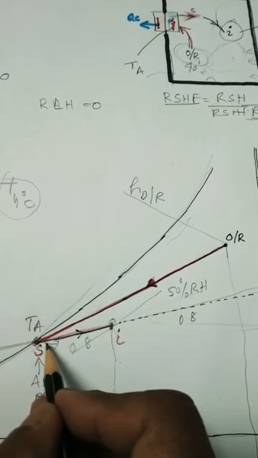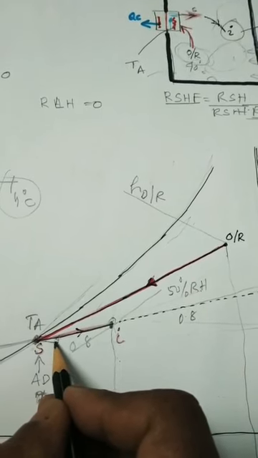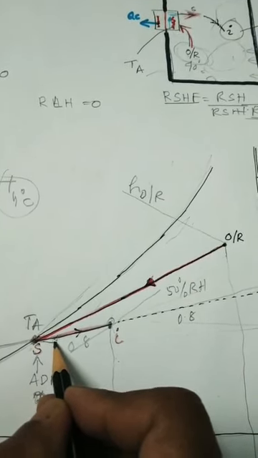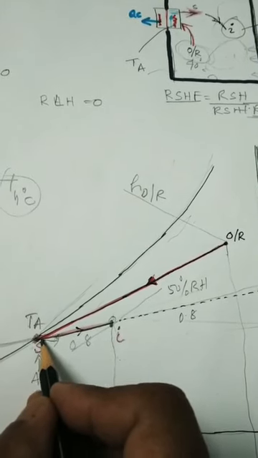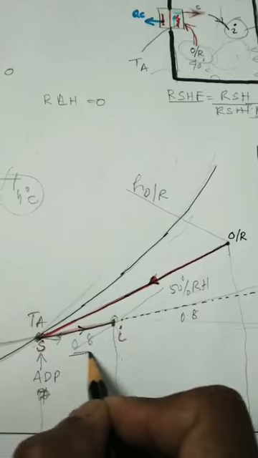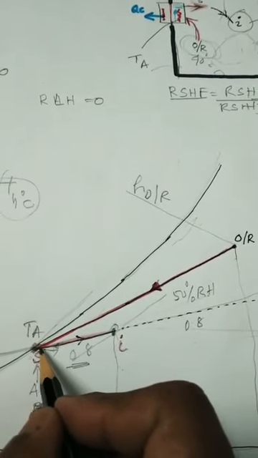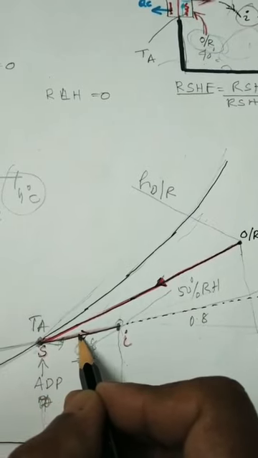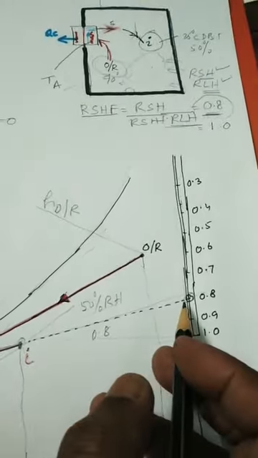Sensible heat addition to S condition for 10 degrees centigrade will push the temperature higher and the latent load will push the humidity higher. It will follow a line which has the same value of room sensible heat factor, 0.8.